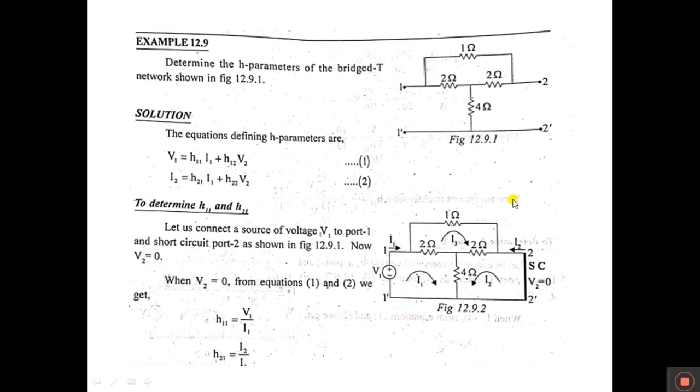Second example, determine H parameter of bridge network. Similar to previous cases, to find H11, make V2 equal to 0 and connect the voltage source here. Take loop equations I1, I2, I3. Right?